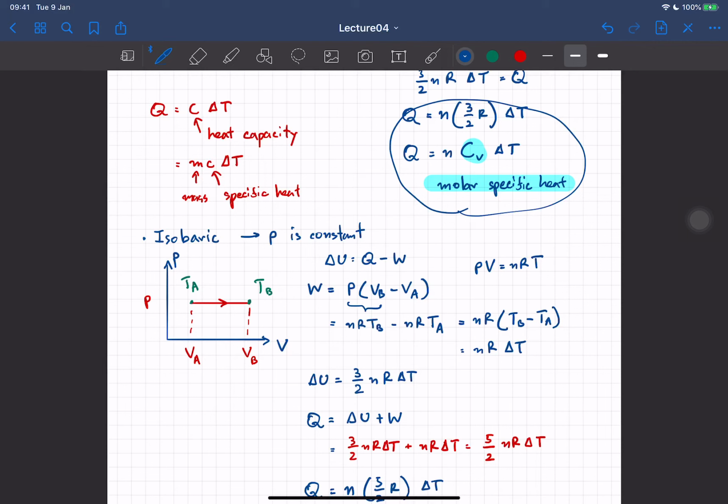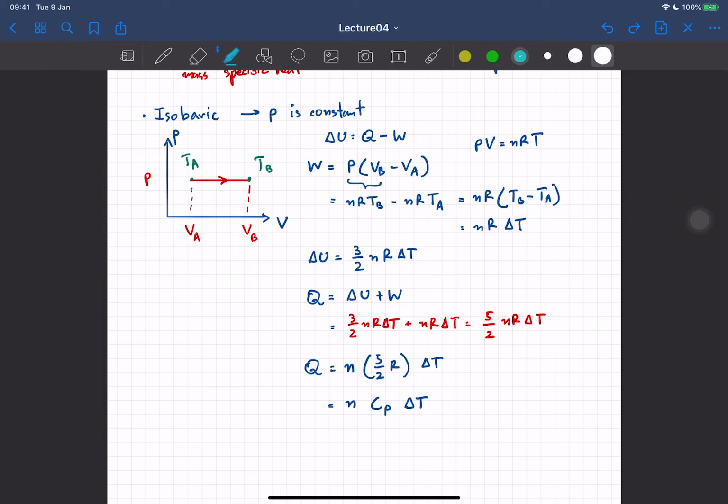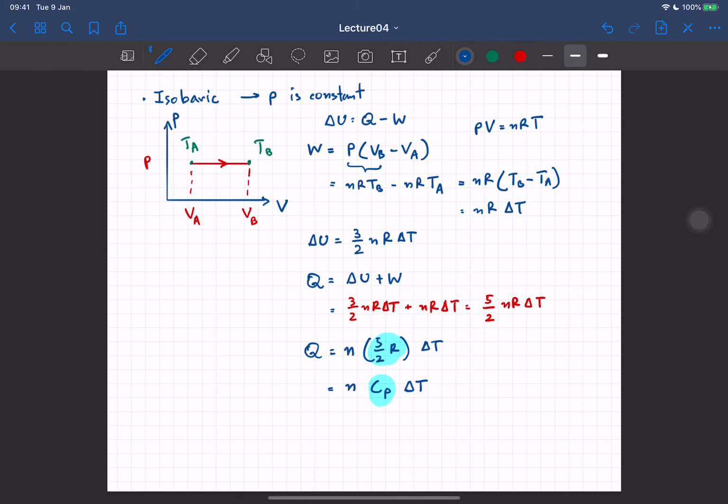Above was for constant V, but now we have constant P, so we can see that the value is different. Cp is 5/2 R instead of 3/2 R. Again, this is the molar specific heat for constant P, so that's why we put in a subscript P here.